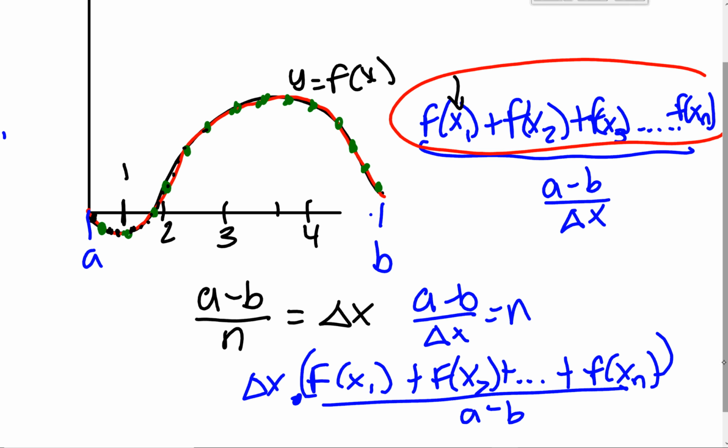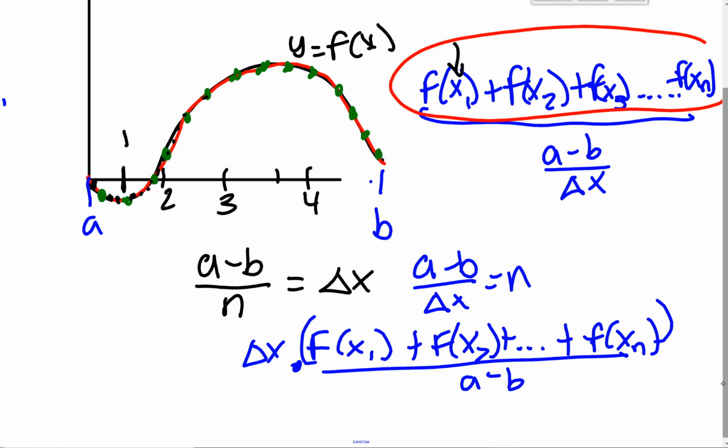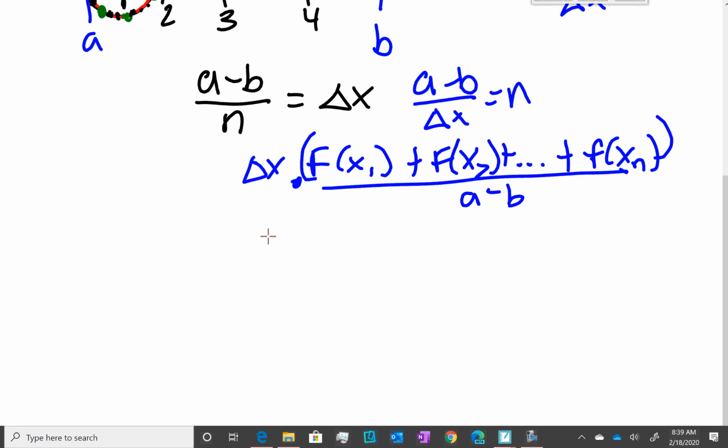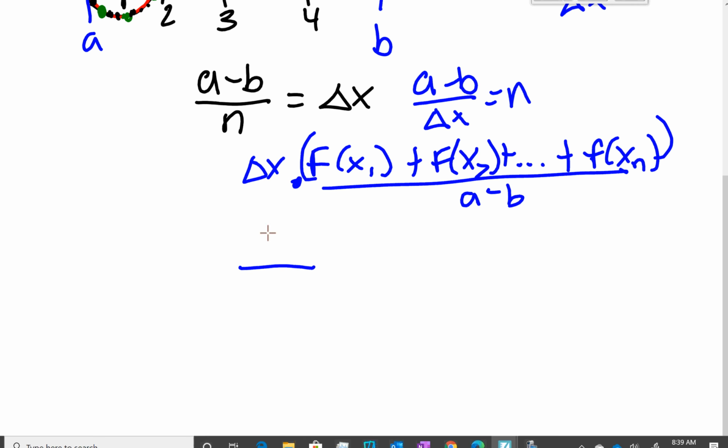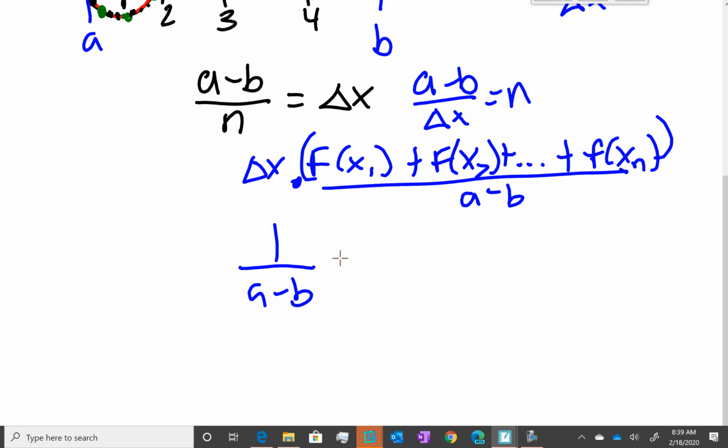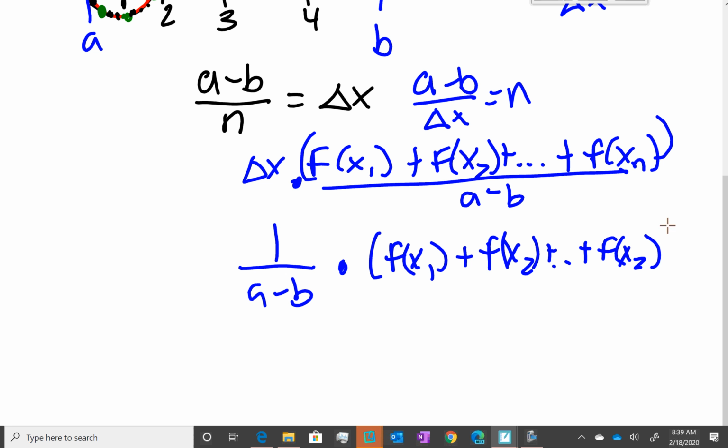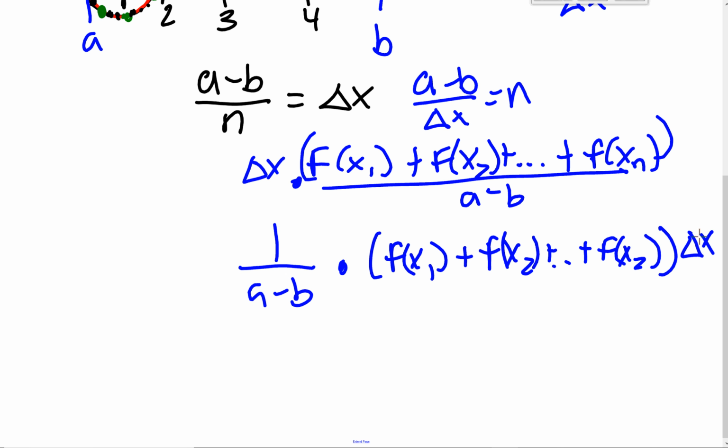As I look at this further, I could rewrite this as 1 over a minus b times f of x1 plus f of x2, and so on all the way to f of xn, times the change in x.